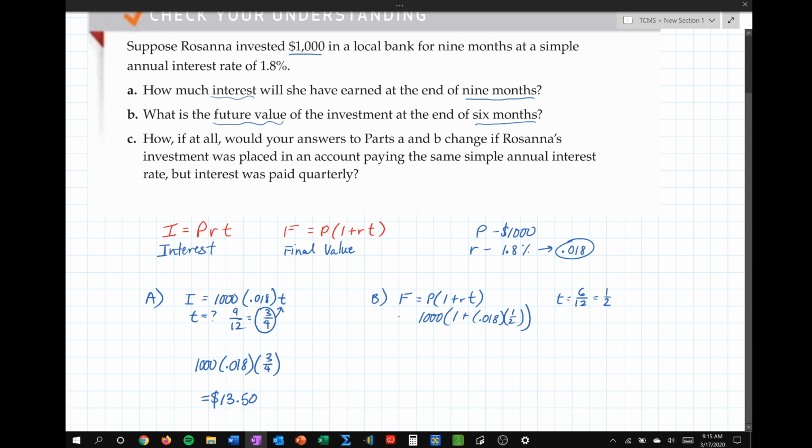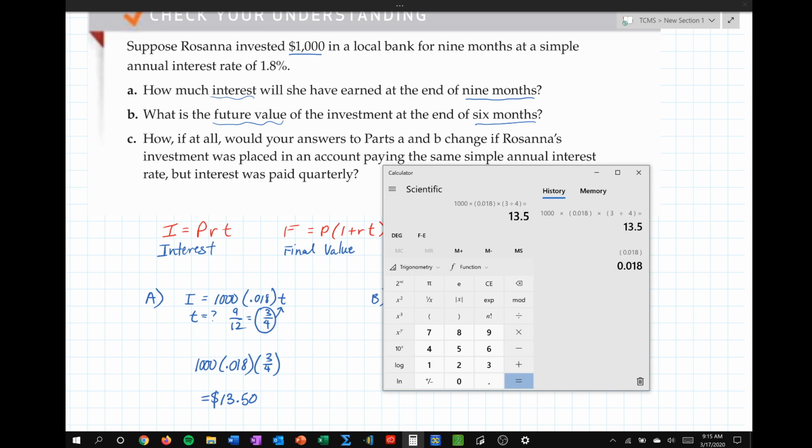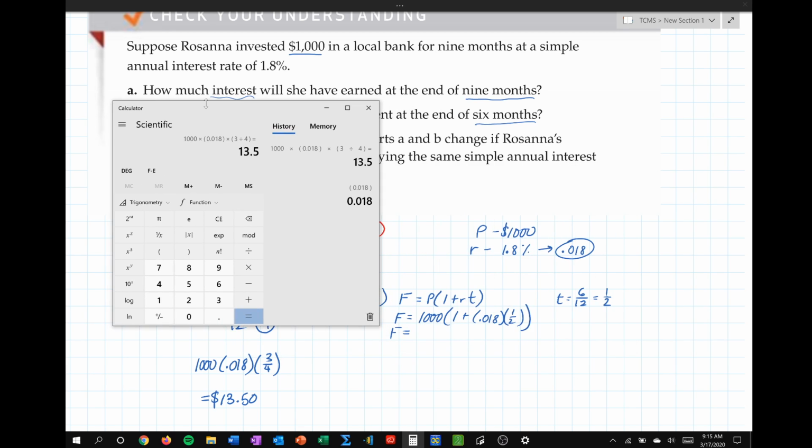Now, to find the final value, we multiply it all together. Let's clear, and do 1,000 times 1 plus 0.018 times 1/2, which is the same as 0.5, so I'm going to keep it in decimals this time.